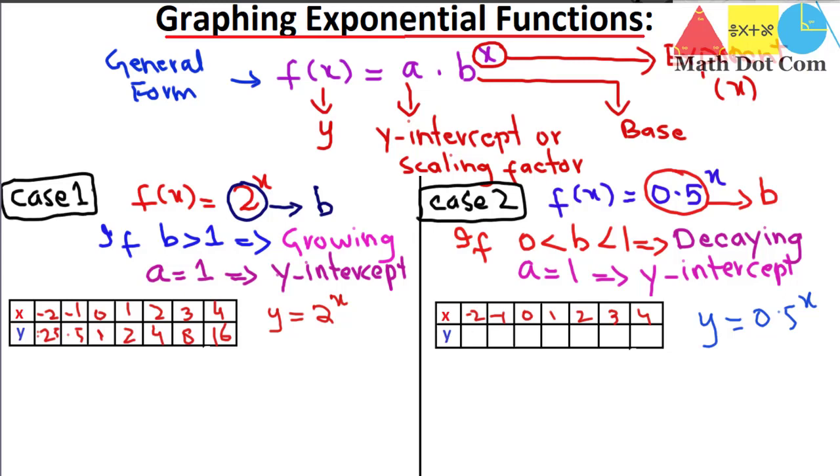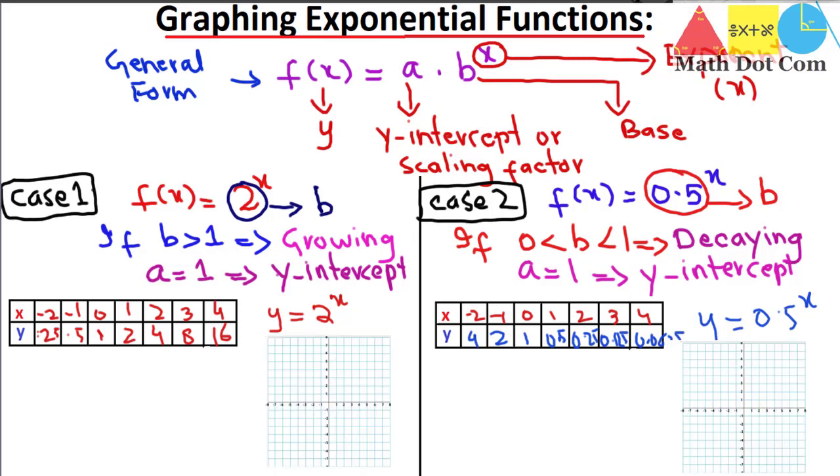So for minus 2 it will be 4, for minus 1 it will be 2, then for 1, 0.5, then 0.25, 0.125, and 0.0625. So it is decreasing.